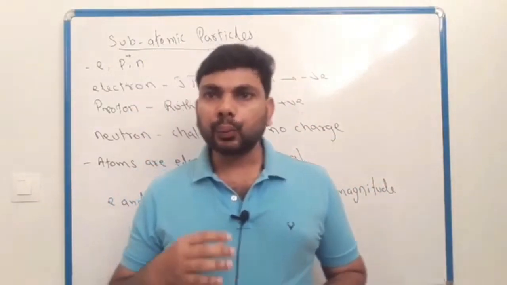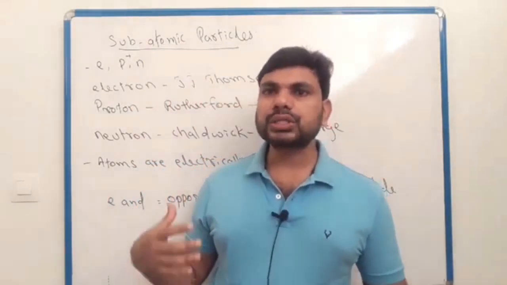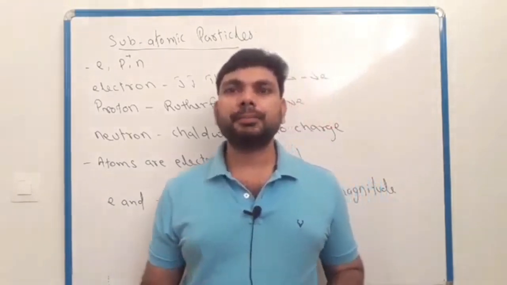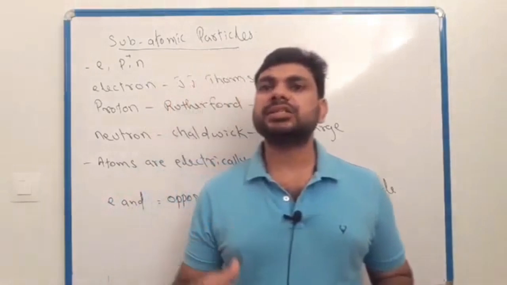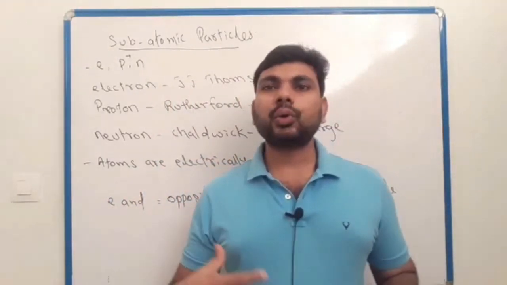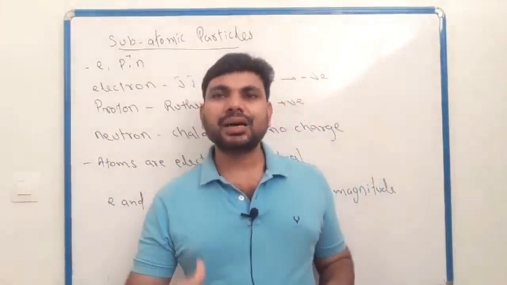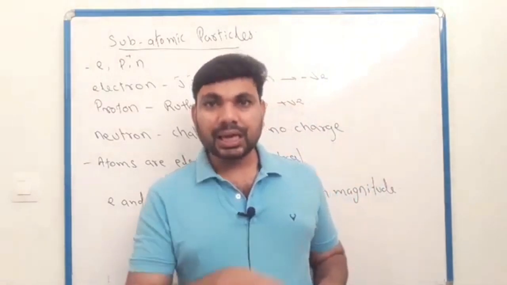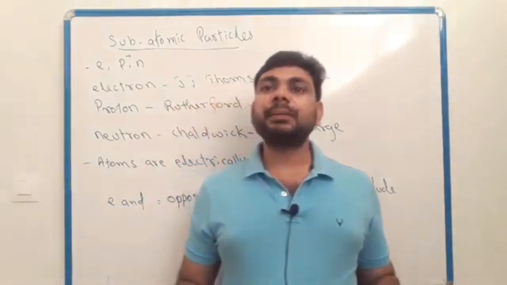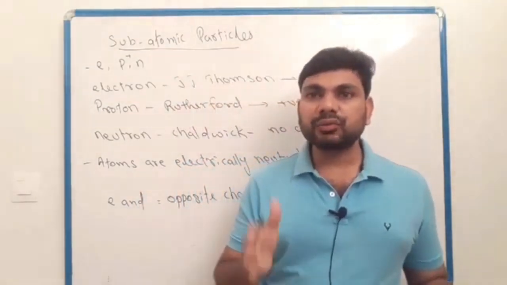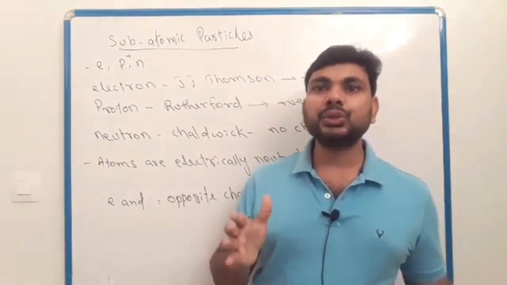Next, we have to understand more details about subatomic particles. Electrons, protons, neutrons are subatomic particles. I told you before, the term atom was first suggested by John Dalton, who said atoms are indivisible. But further experiments show that atoms consist of electron, proton and neutron.